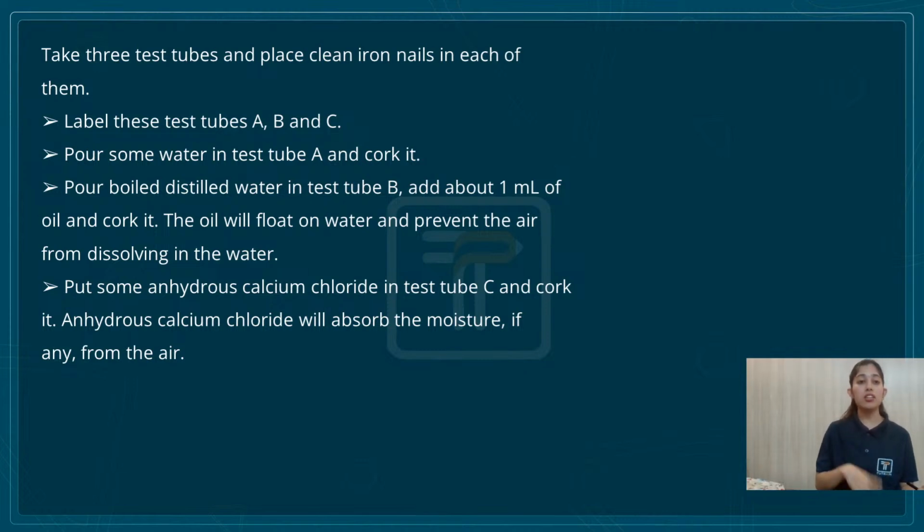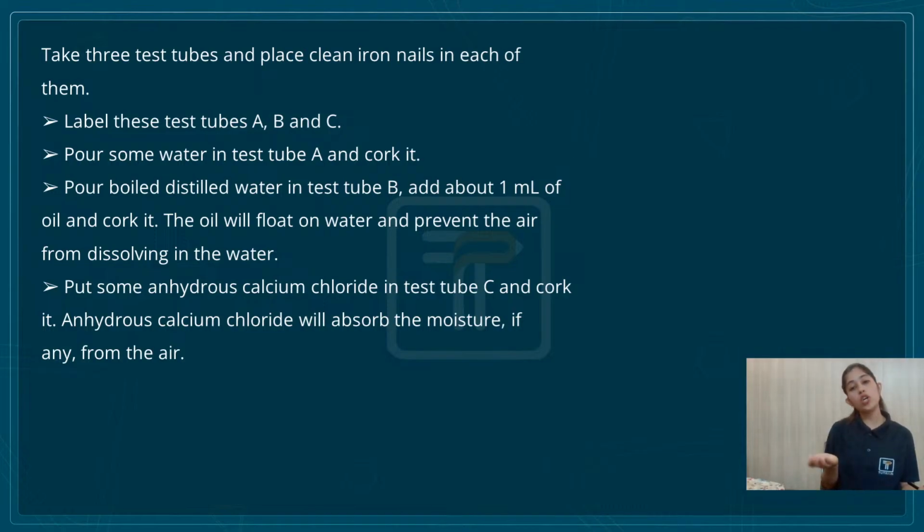So label them as test tubes A, B, C. Now put your iron nail inside and pour some water in test tube A and put a cork. Then pour boiled distilled water in test tube B and add about 1 ml of oil and cork it.